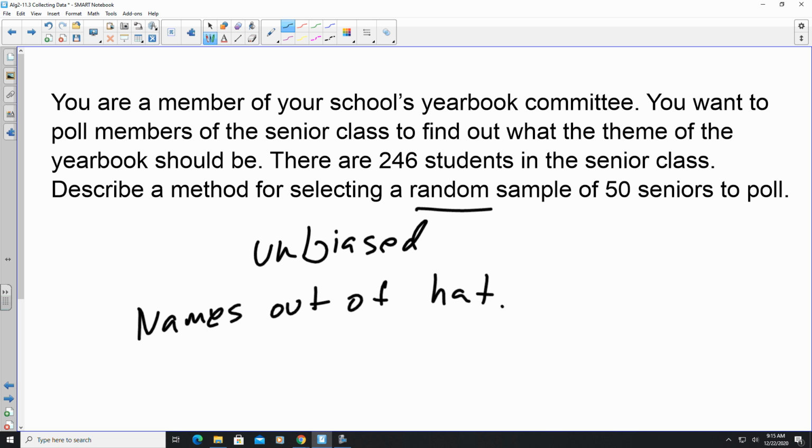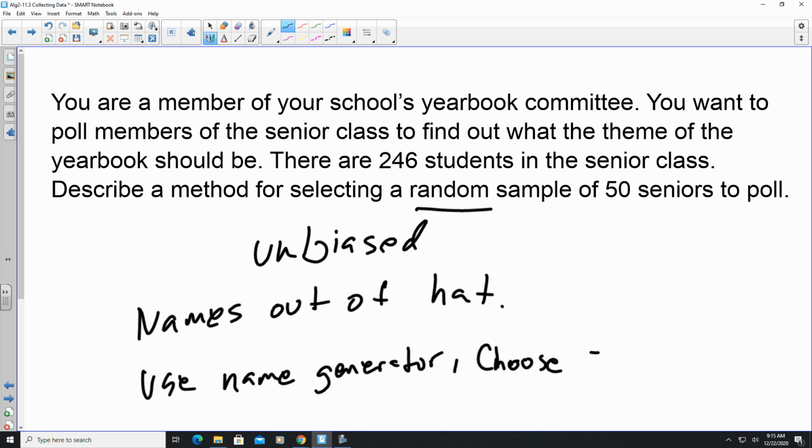If you wanted to put more technology into it, you could use a name generator where it would randomly choose 50 seniors, and then you could create your data from those 50. So that's how you could make it unbiased and random.